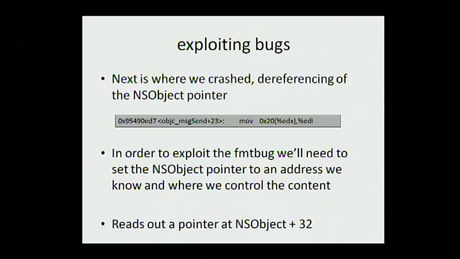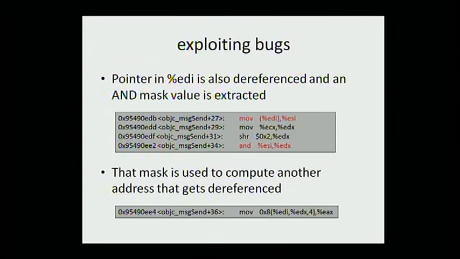The reason it crashes is because it dereferences the pointer, or an offset from that pointer, and reads another pointer out of it. From that pointer, it's going to dereference again, so it has to be some kind of structure.